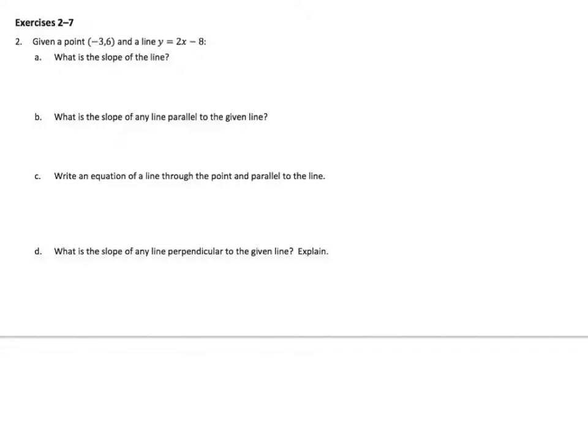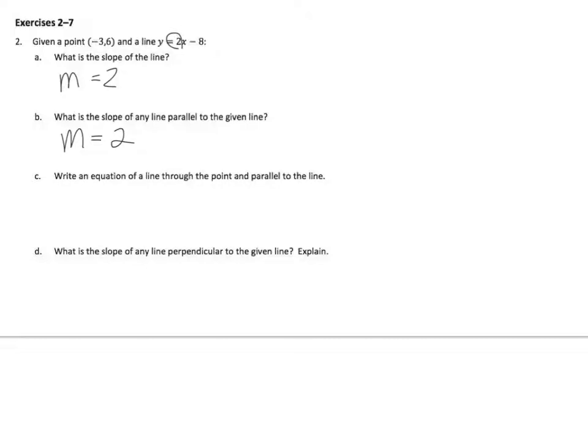Okay, let's try some exercises. Given a point, 3, 6, and a line y equals 2x minus 8, what is the slope of this line? Right there. The slope is 2. What is the slope of any line parallel to this line? Equal slopes, parallel lines. Write an equation of a line through the point and parallel to the line.